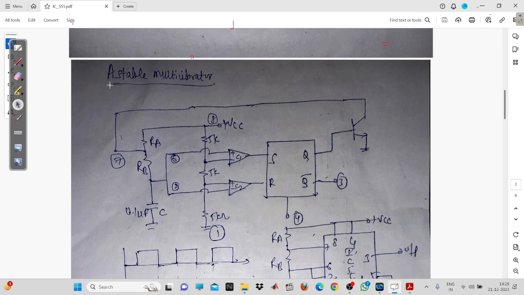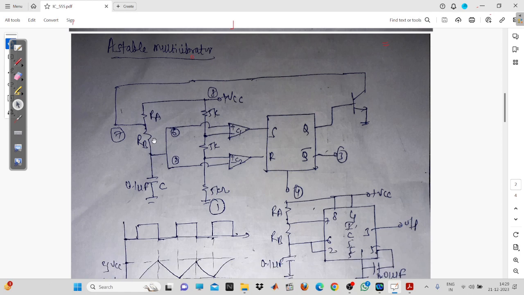By using this concept, you can have square wave generation using the IC 555. The same is not the case with the monostable and the bistable. In the monostable, only one state is stable and the other state is unstable, and for the bistable, both states are stable. So we'll try to understand each multivibrator one by one.